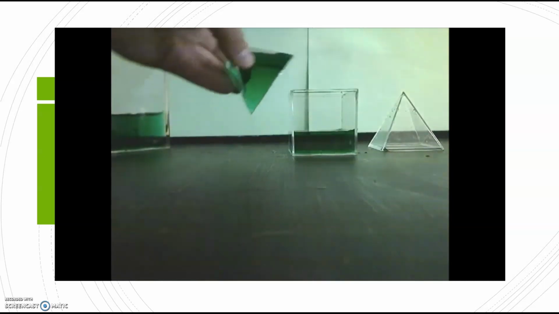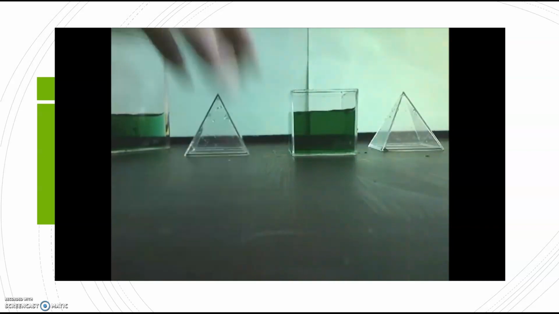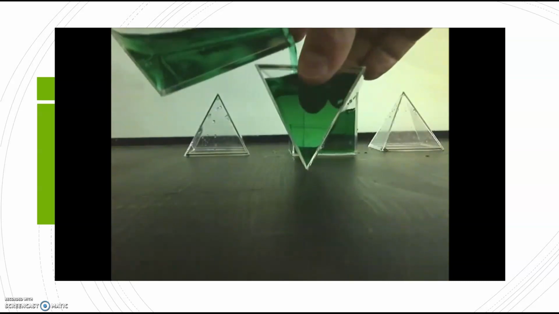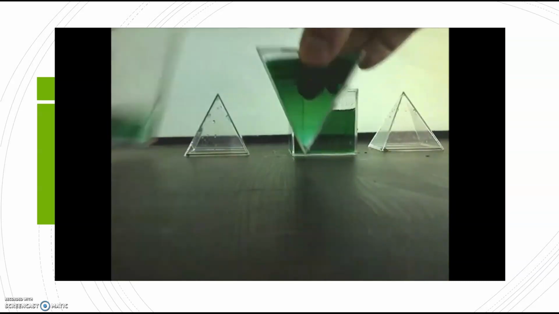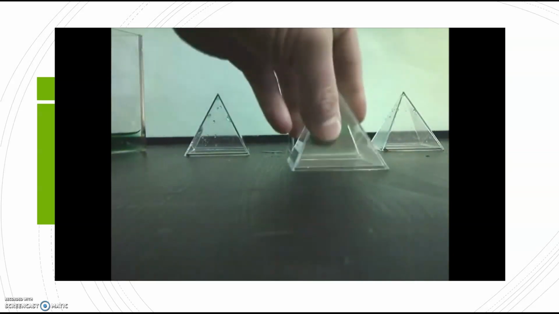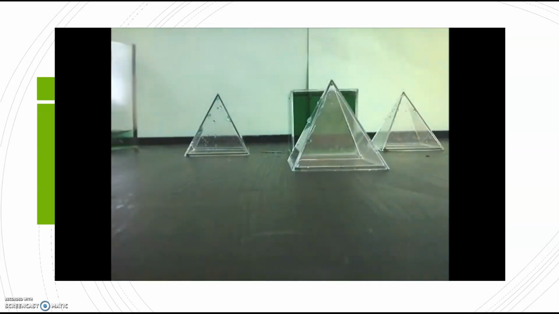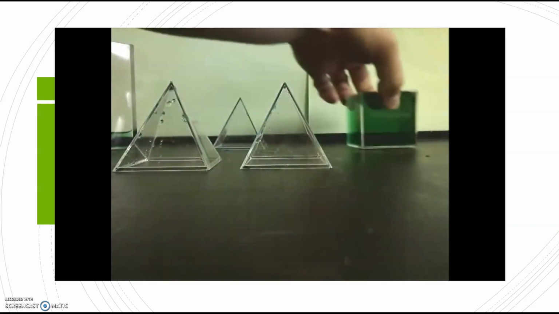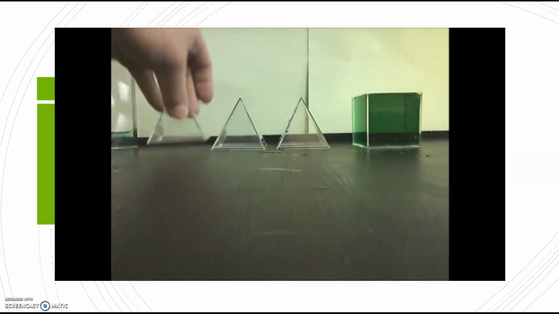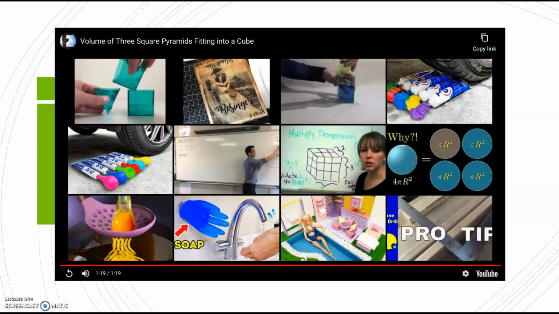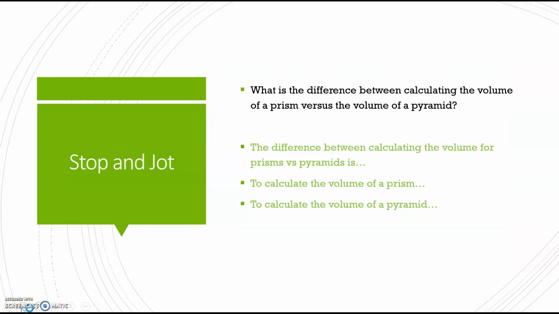So now we filled up the pyramid again. And look at that. Still, we didn't meet the entire prism. So we fill the pyramid up one more time. And check that out. So it took 3 pyramids to fill up the one prism. How cool is that? So the volume of 3 pyramids with the same size of the base will make one prism. Okay?